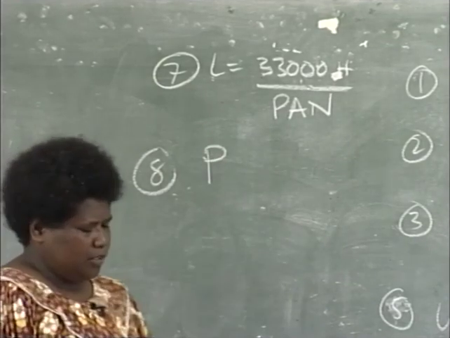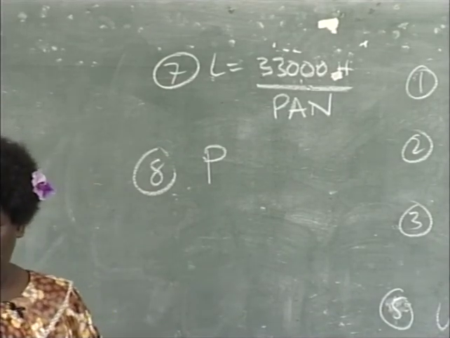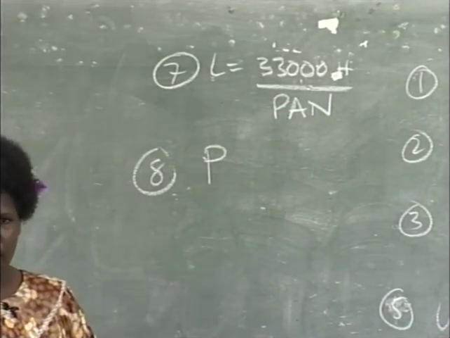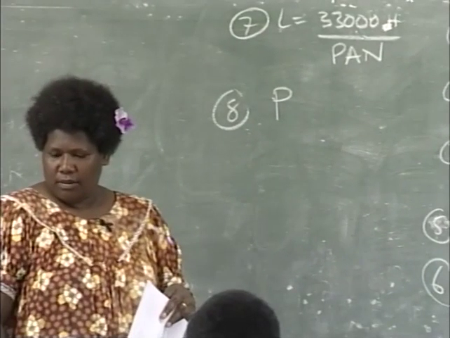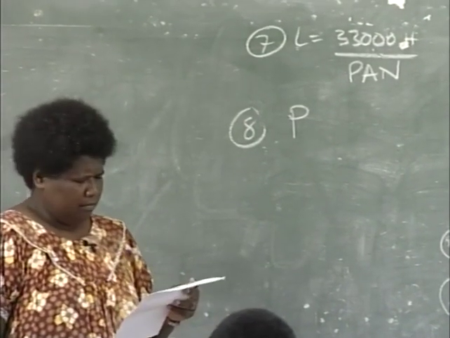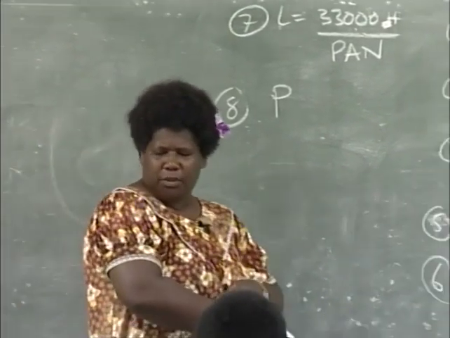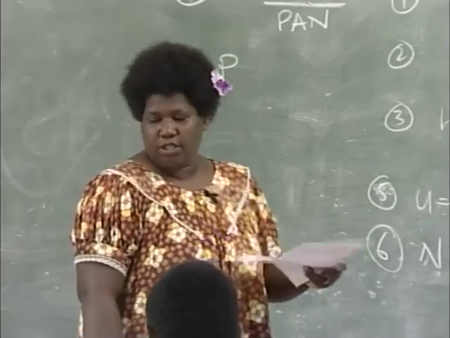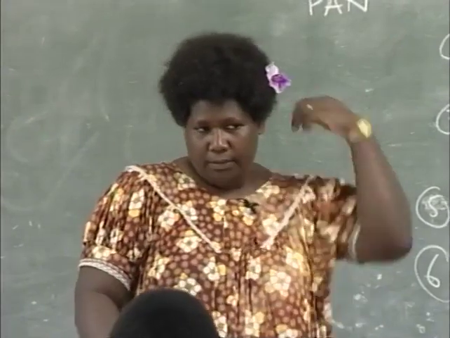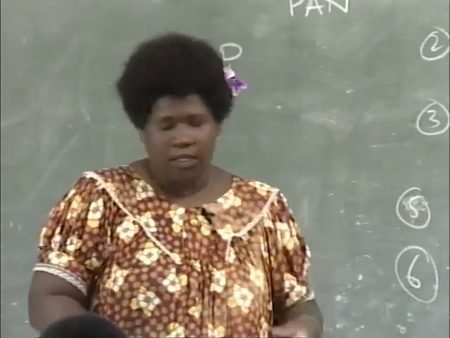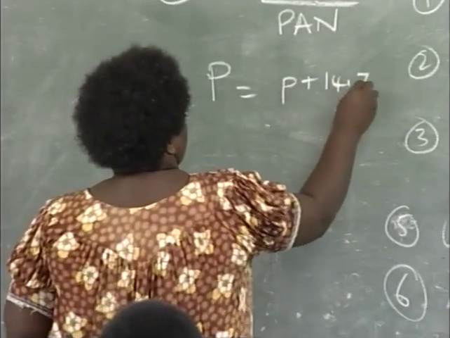Big letter P. You're supposed to make big letter P the subject of the equation. That's what it says. Okay, your answer should be small letter p plus 14.7 is equal to P. So P equals small letter p plus 14.7.